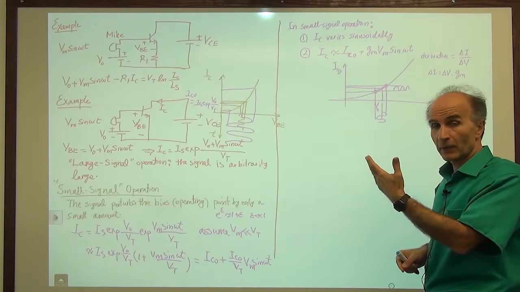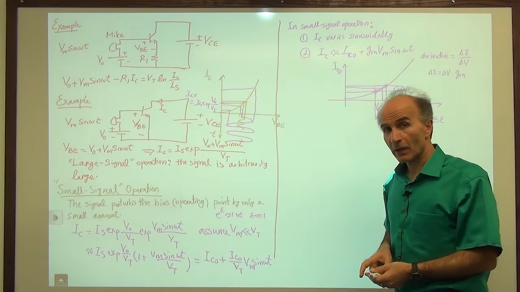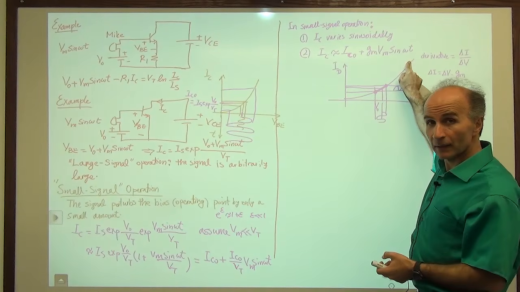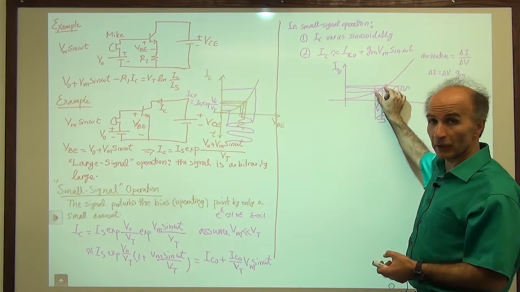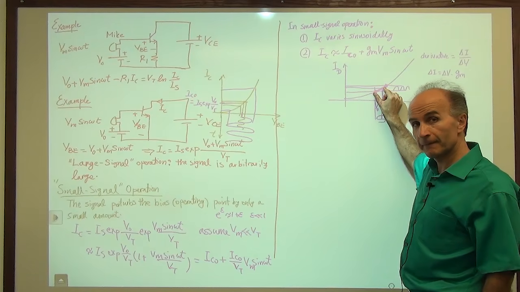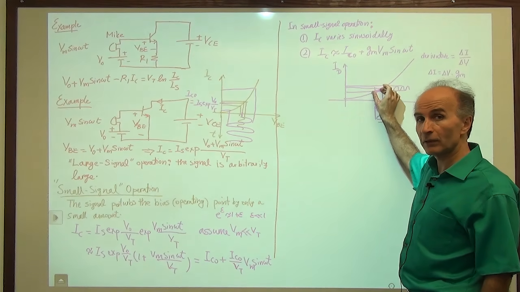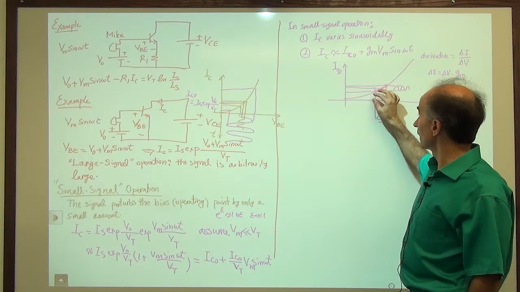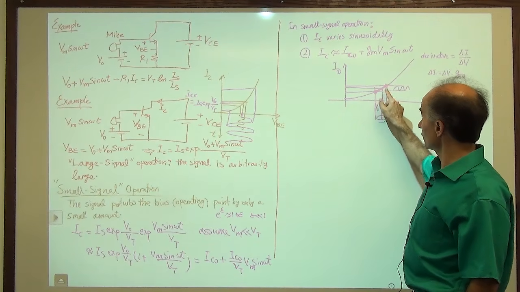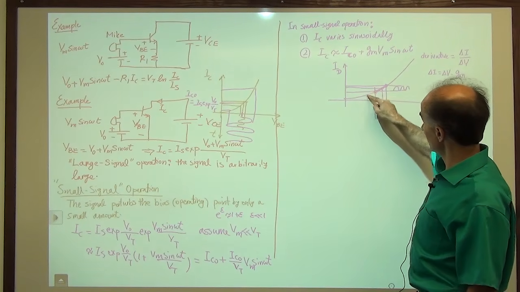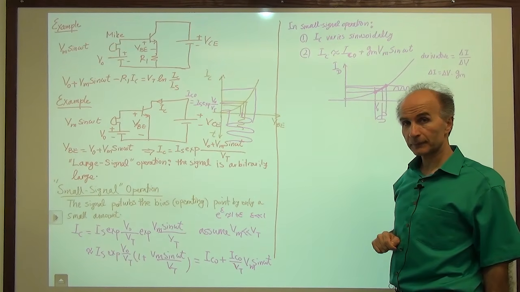So small signal operation means that we are approximating the IV characteristic by a straight line only between two points. Okay, so we're only confined to this small variation of the current and this voltage, so we can use the linear approximation instead of the exponential function.